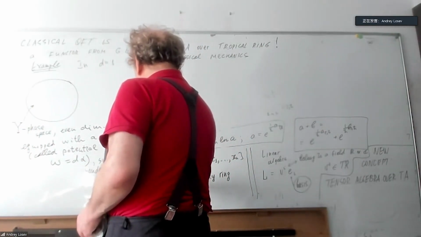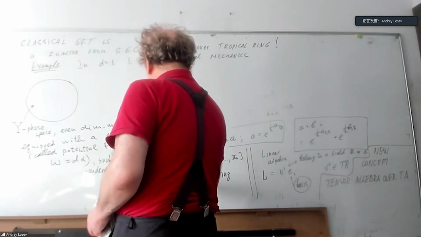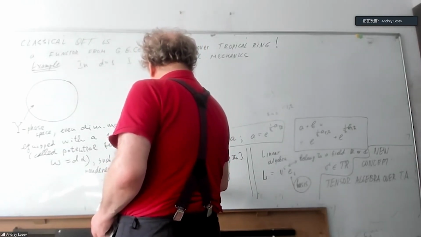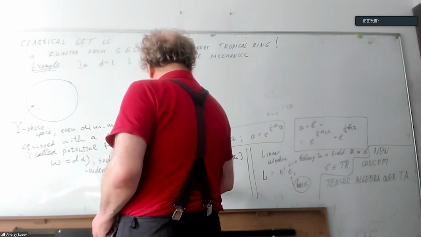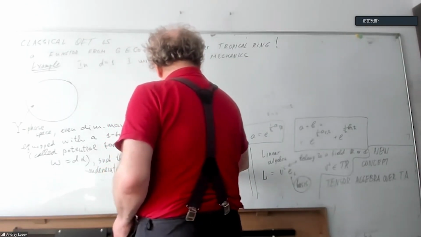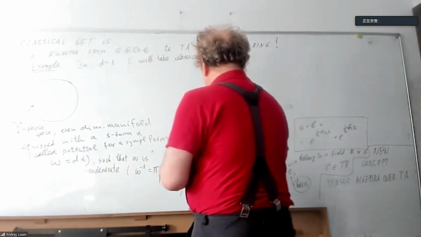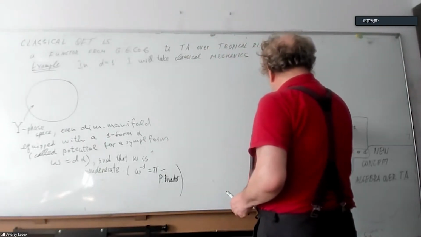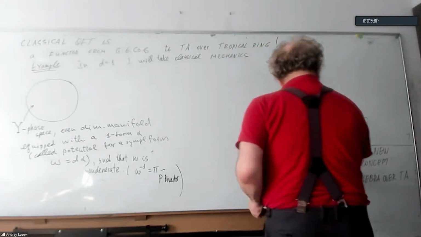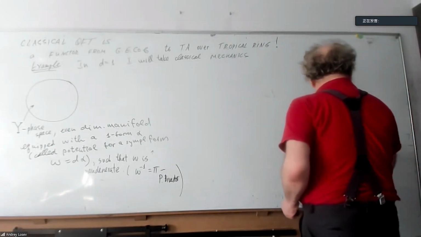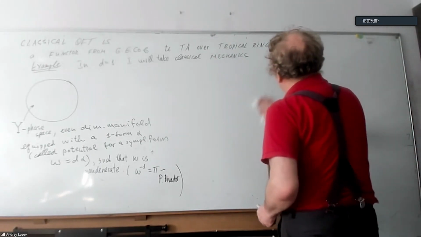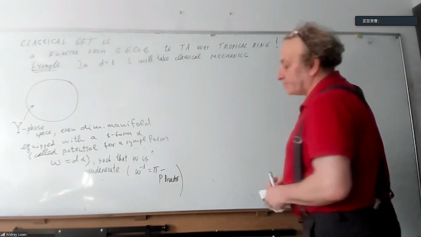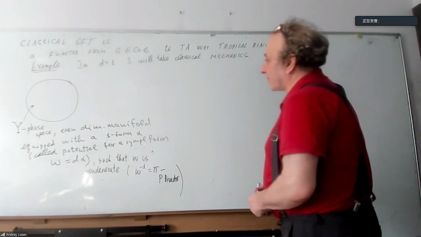It means that I can take omega to the minus 1, it is pi, and this is Poisson bivector. Okay.